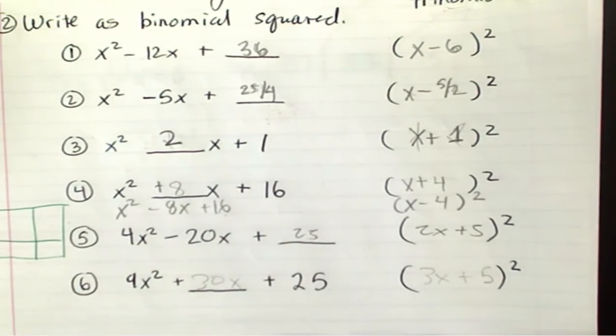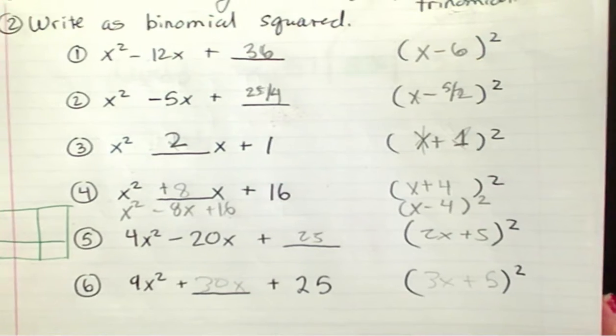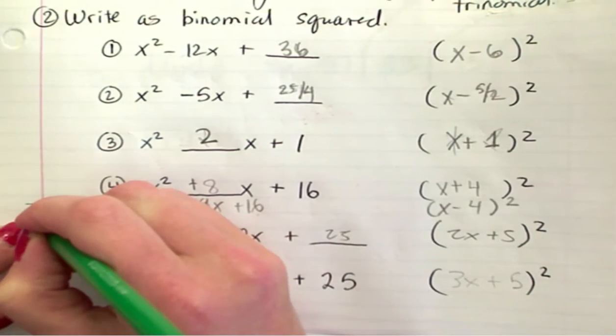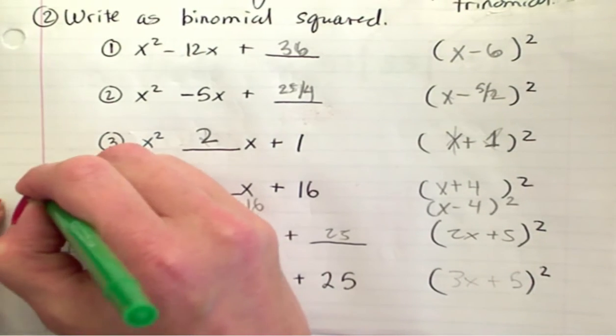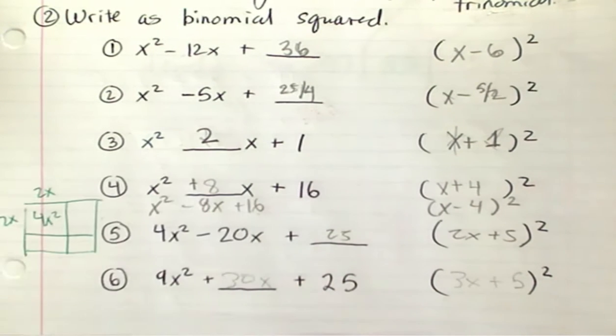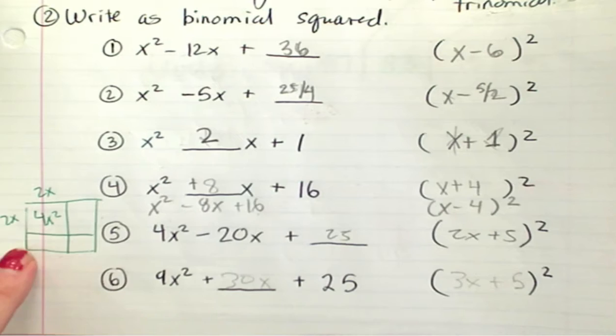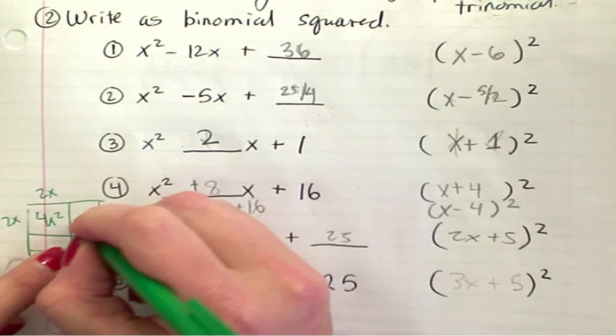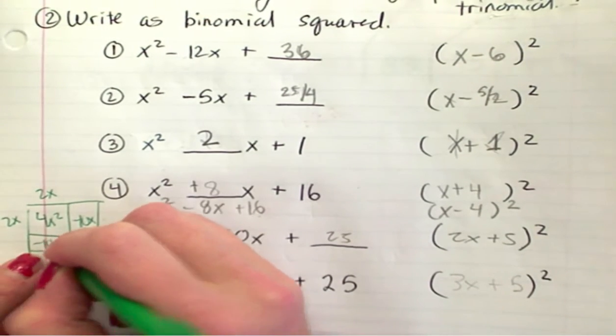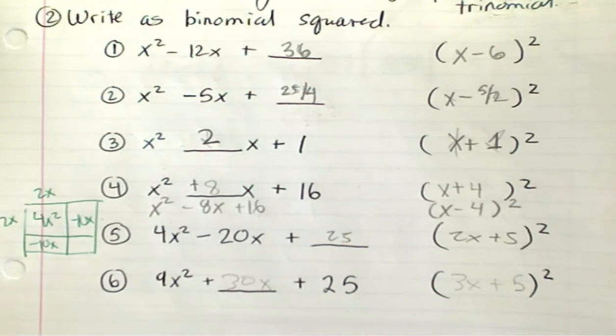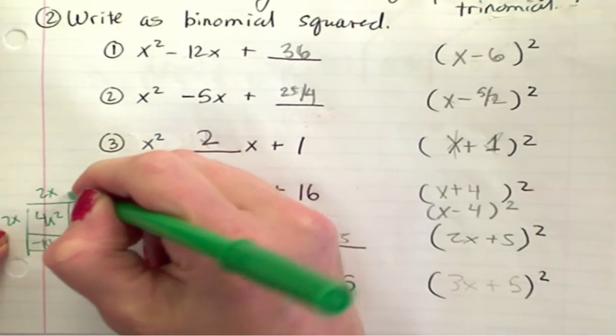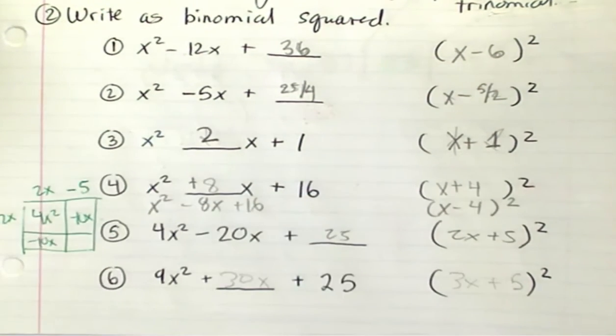Now, 4x squared. We didn't really put a number in front, but it is a perfect square. So if 4x squared goes here, I need a 2x and a 2x. It has to be the same factor. That's the whole point. Which means I need a 20. So I know this has to be a 10 because I have to split it evenly. But 2 times 5 is what gets me the 10.